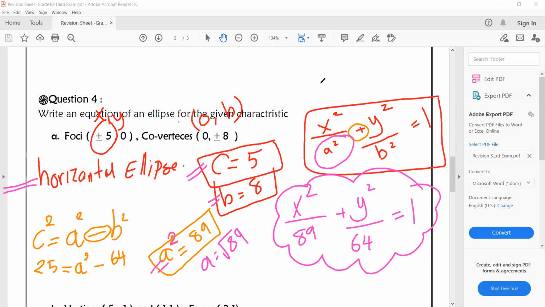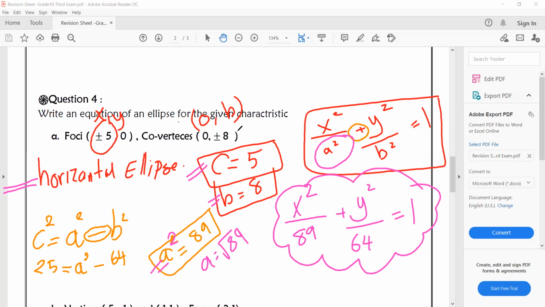Yes, also. Teacher, if it was vertical, are the steps going to be different?